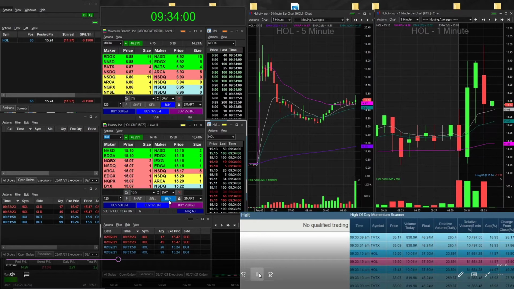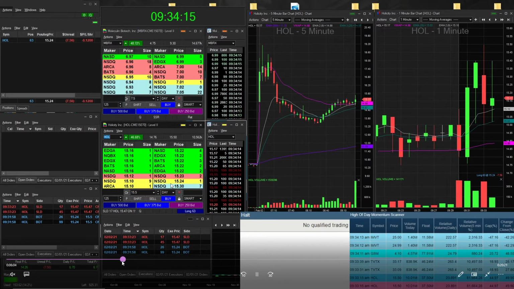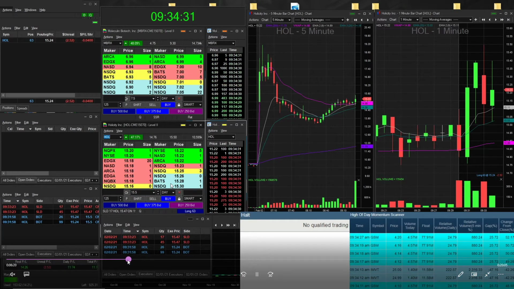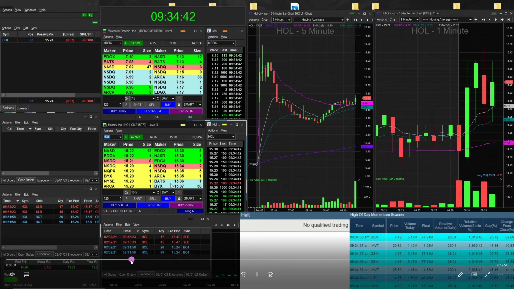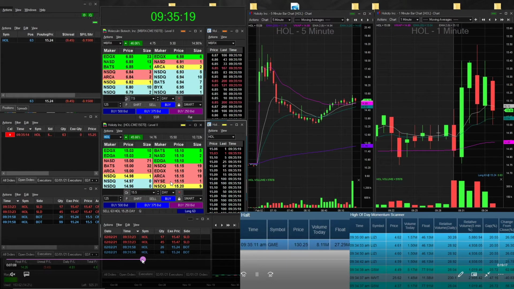So basically right here, we're looking to get out break even with our last little bit of position. And if we can't get out break even, we'll sell at the 15 break. What ends up happening is this actually stops me out at 15. It teases like it's about to go back up to 15.40, and then instantly comes back down to 15.